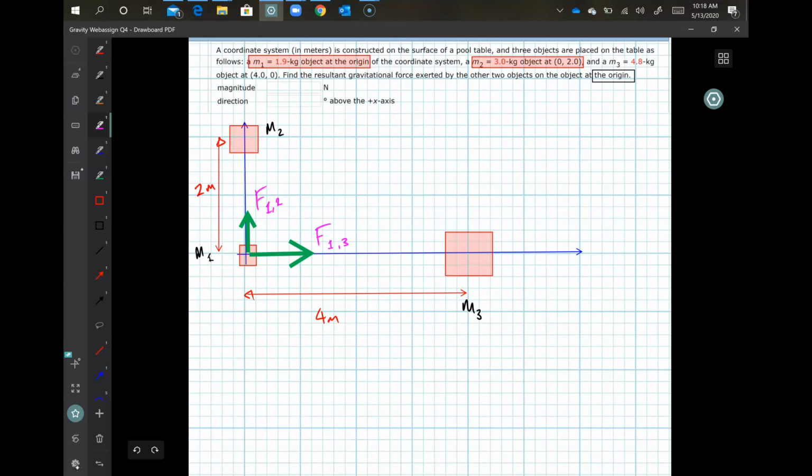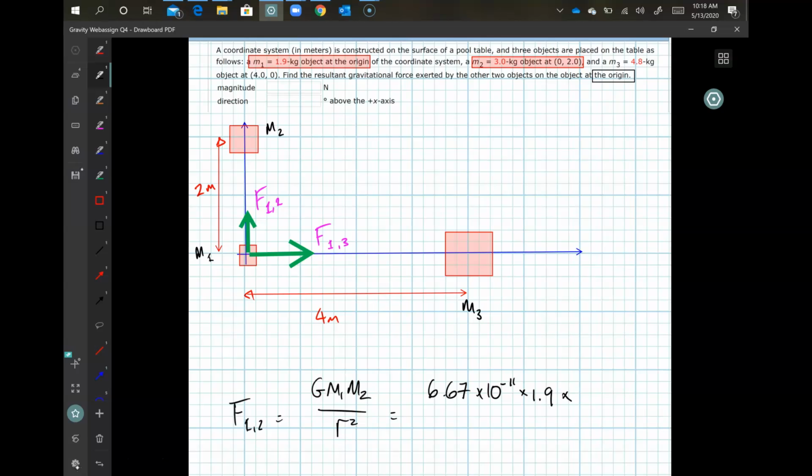Okay. Well, there's two forces we need to find, right? F12 and F13. So for any gravitational force, we know that the formula is big G m1 m2 over r squared. So for mass 1 and mass 2, that's going to be 6.67 times 10 to the negative 11. That's the value of big G, always is. Times mass 1, and mass 1 is 1.9.